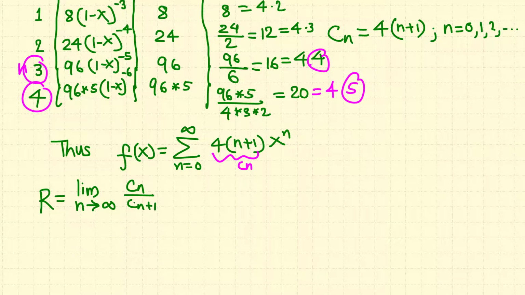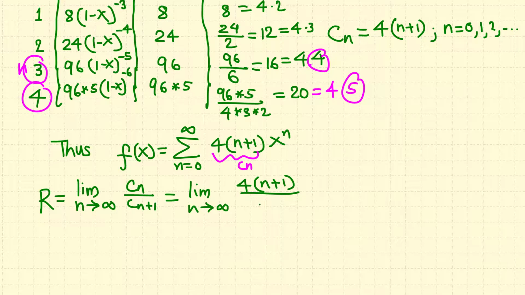This is kind of the reciprocal of the ratio test. Limit as n goes to infinity of cn, which is 4(n plus 1), over cn plus 1, which is 4 times (n plus 1 plus 1), n plus 2. The 4 cancels, leaving n plus 1 over n plus 2. When n goes to infinity, they are the same. So the radius of convergence is 1.